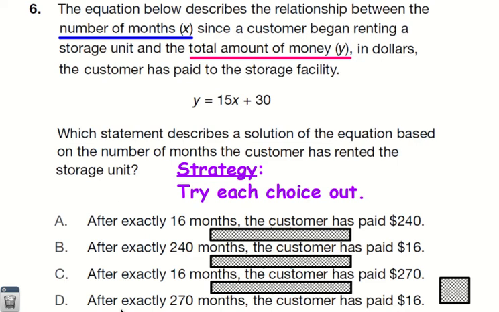Just check each one. So after exactly 16 months, so months was X, this means X equals 16, and this means Y equals 240. So when you throw these values into the equation, you get this. So is this true?